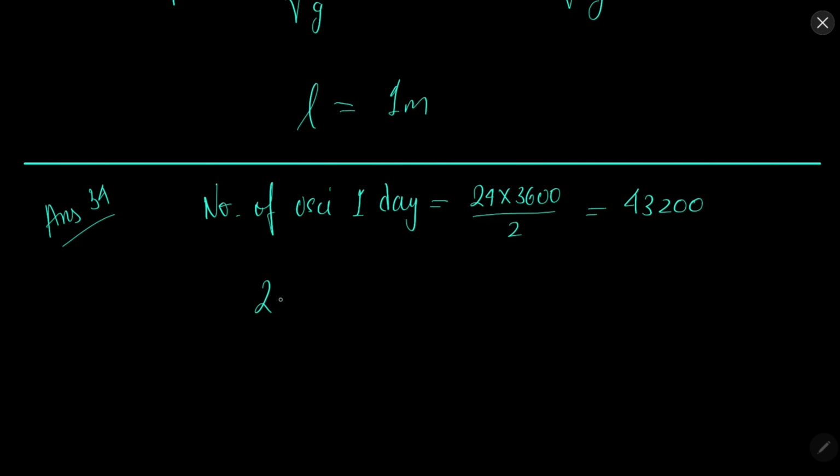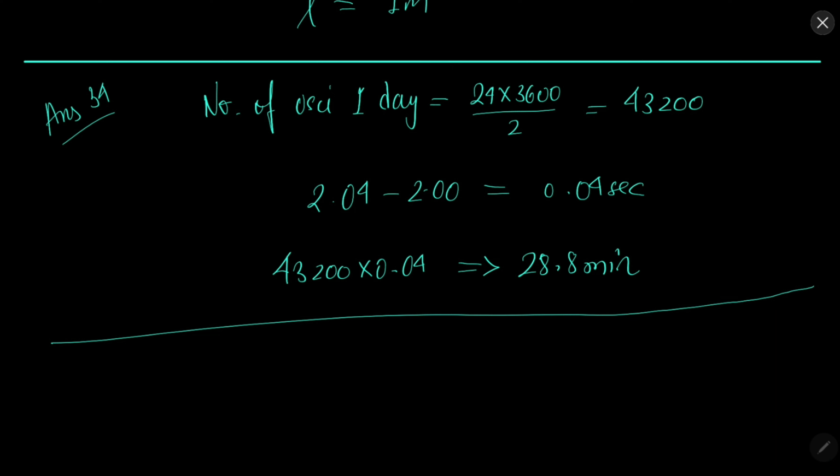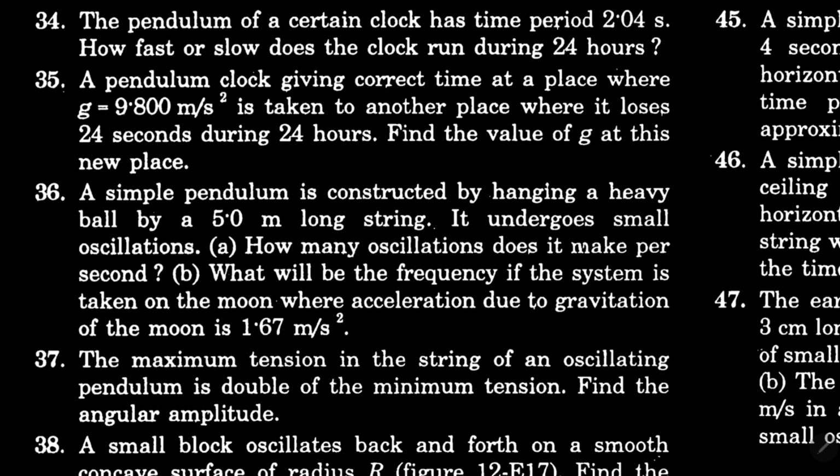Each oscillation is slow by 2.04 minus 2, that is 0.04 seconds. So therefore 43200 into 0.04, which will give us around 1728 seconds, around 28.8 minutes if we convert it into minutes. So it will be slower by 28.8 minutes.